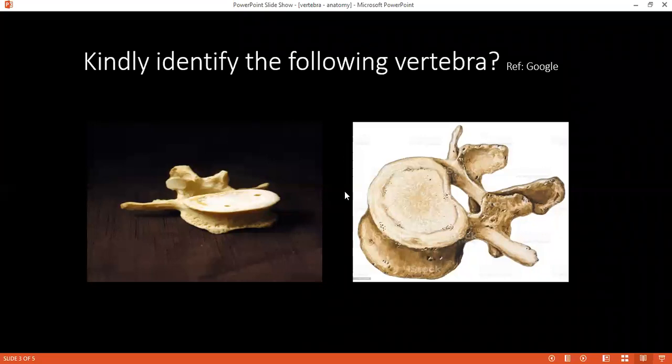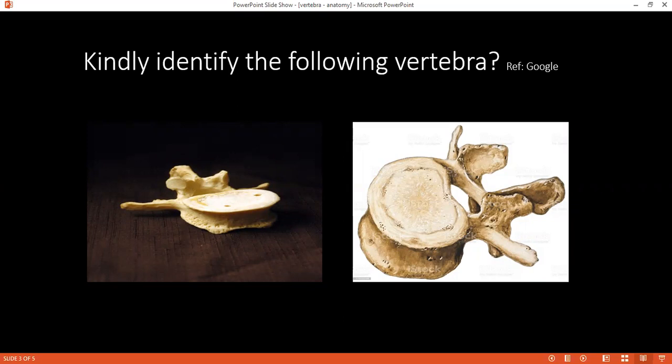Yes, ma'am, it's a vertebral body, most probably the lumbar vertebra. Which one are you talking about, the left hand side one or the right hand side one? Right hand side one, ma'am. The left hand side will be cervical. Right hand side one is from the lumbar region, you're saying, right?